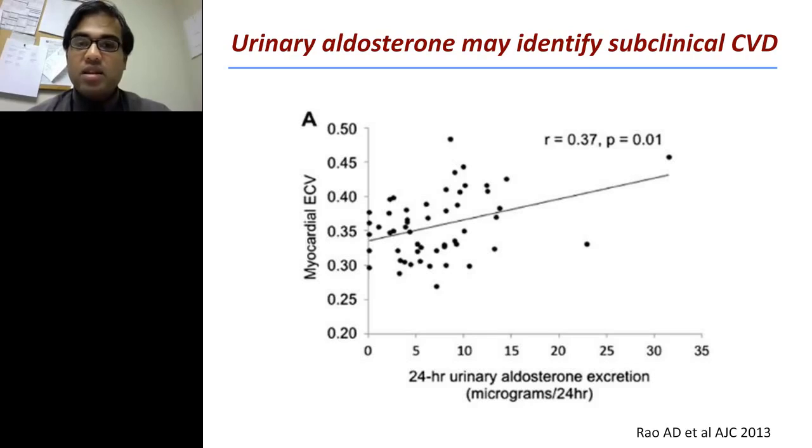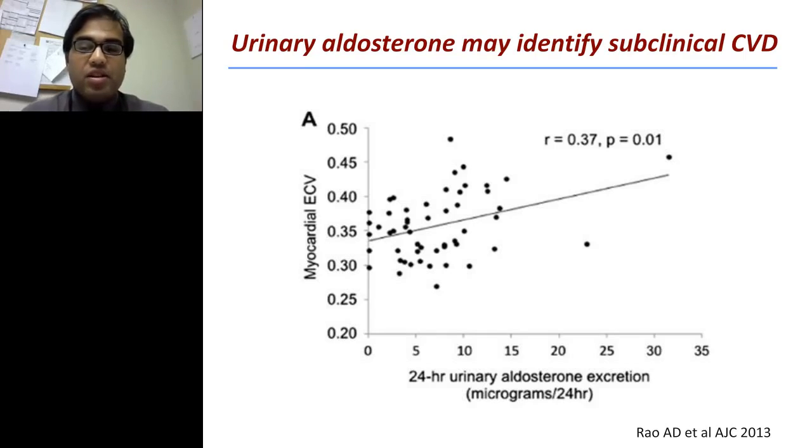And we did this in individuals who had well-controlled type 2 diabetes and were on appropriate lipid-lowering therapy, and most importantly, appropriate renin-angiotensin-aldosterone system blockade. So, like I alluded to before, either an ACE inhibitor or an angiotensin receptor blocker.